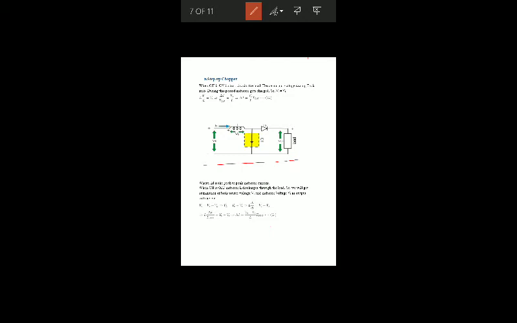First case, when the switch is on, it will short circuit the load. Hence the output voltage during T on is 0. When the switch is on, it will short circuit the output voltage, so at this time V naught will be 0 volt. During this period, the inductor gets charged and Vs becomes VL.